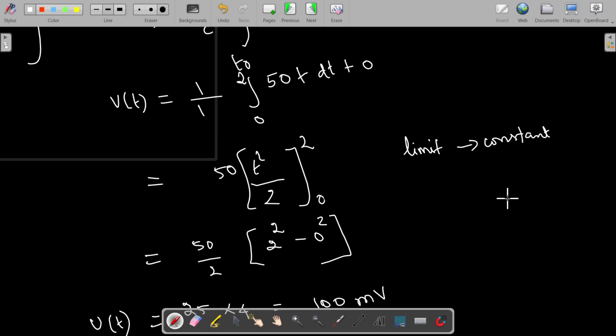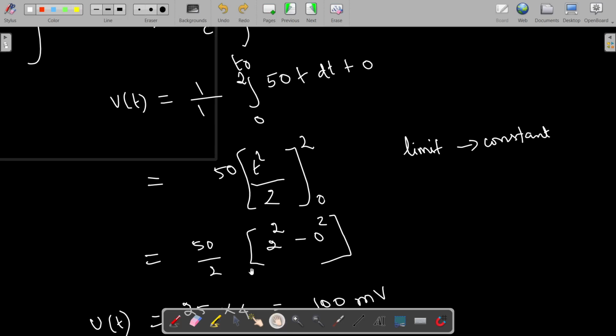Otherwise, you will get confused with t square, thinking t is in milliseconds, so millisecond square, which you should not put. If you have any confusion, you should avoid it. Only for i of t and dt should you put the unit. Here we have 1 by c, so for that 1 by c also we have to put the unit in order to get the unit for this v of t. That's it.